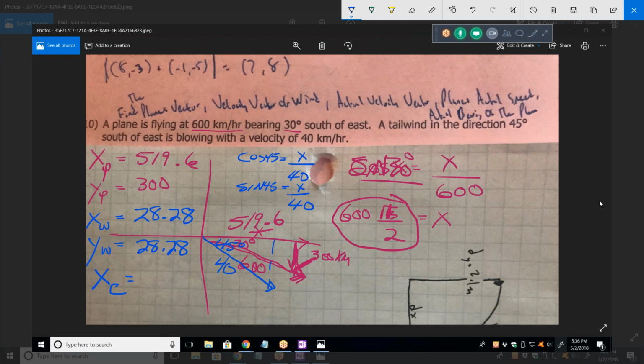Whenever you have a bunch of vectors, you figure out the x and y component of each vector, and then you add them together. Sometimes the wind could be going the other way, in which case you would subtract the x component. But in this case, the wind is going in the same direction easterly, and the same direction southerly. So it's helping that plane. It's going to make it go faster.